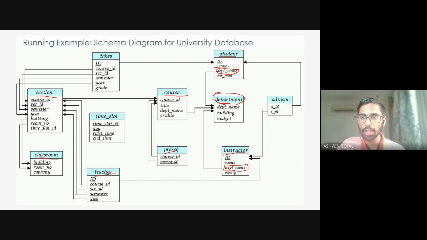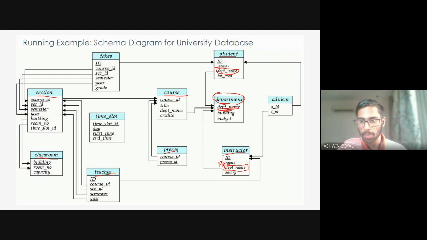If you link one table to another, there is a particular field. Basically this table itself is not linked; this field is linked to this table. So what do we call this? We call this a primary key, and we call this a foreign key. Let's say the department name is linked to the department name in this table.